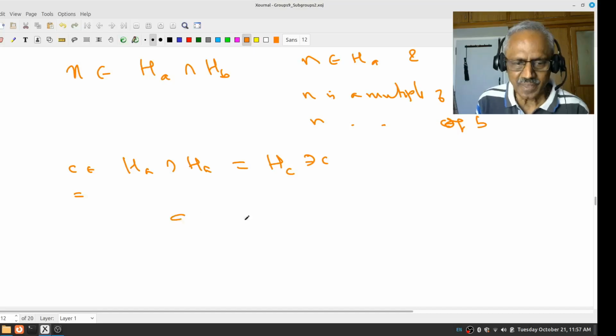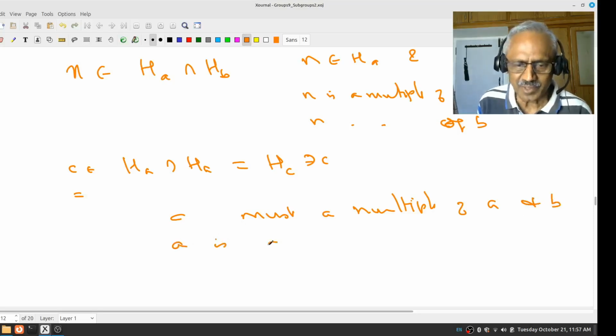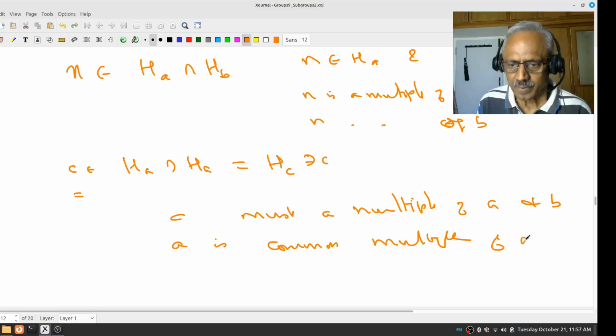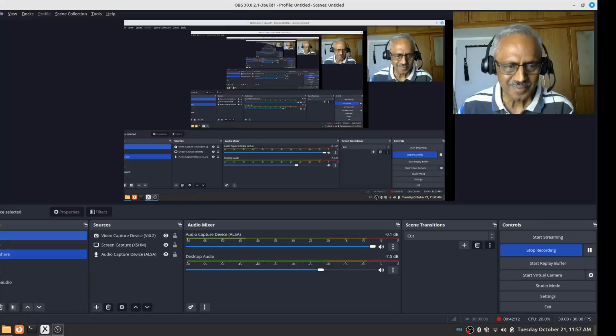Therefore, C must be a multiple of A as well as B, that is, a common multiple. Come on, now you should be able to guess. What should C be? At least your gut feeling should give an answer. It is the least multiple. C must be the least common multiple of A and B.